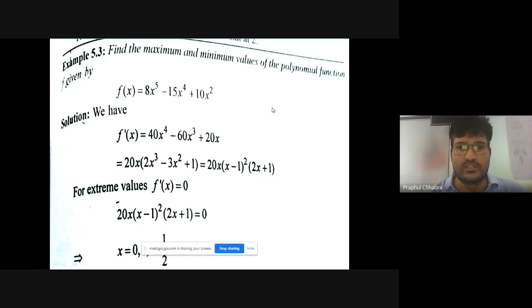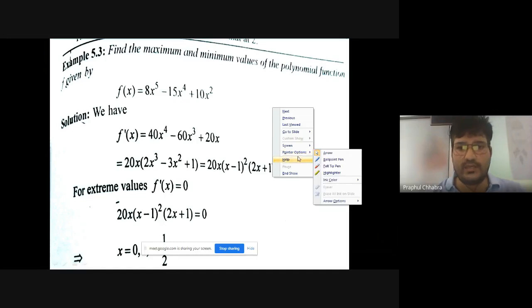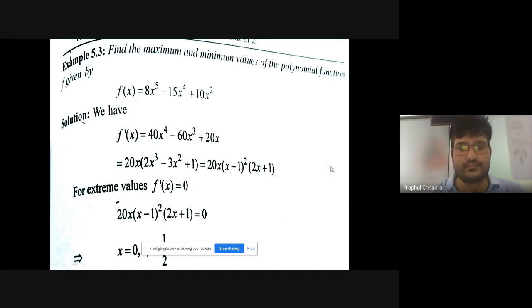So the first question is, find the maximum and minimum values of the polynomial function f given by f(x) is equal to 8x raised to the power 5 minus 15x raised to the power 4 plus 10x square. I repeat the question.